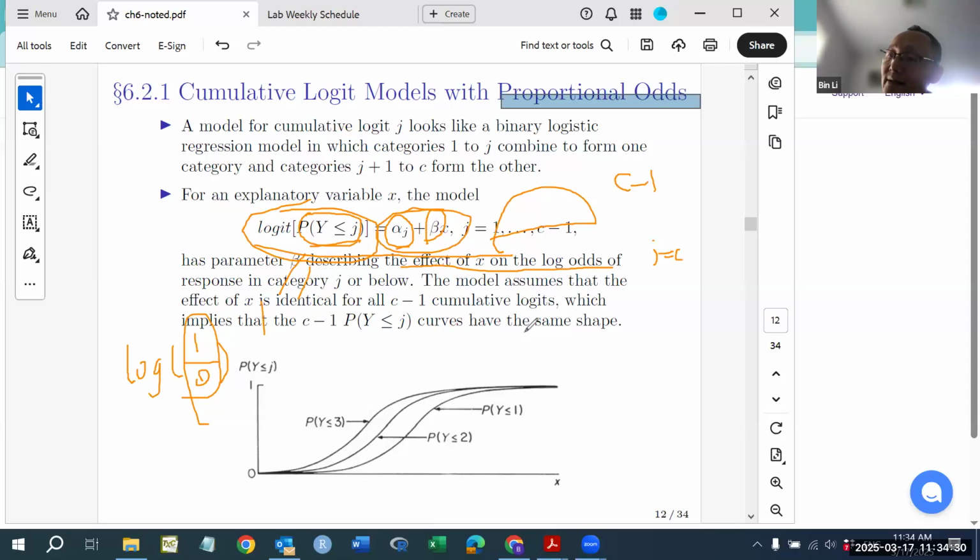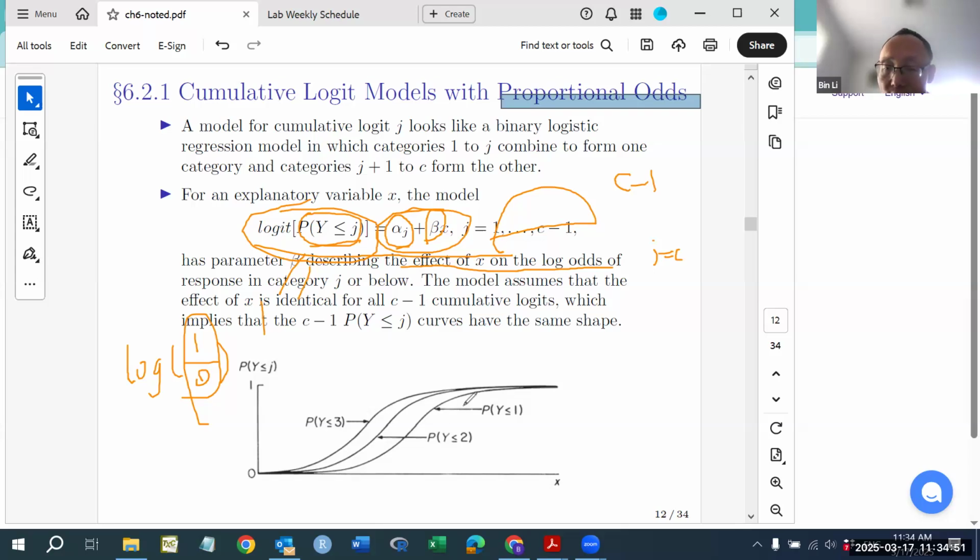So the X effect on the log odds of Y being no greater than J is the same for all the J's, from 1 through C minus 1.